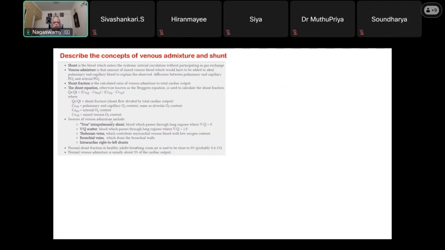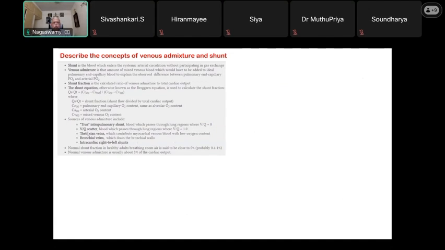So by using this formula, we can find out true intrapulmonary shunt, another condition called VQ scatter, and these three: Thebesian veins, bronchial veins, and intracardiac shunts. These are the real shunts where venous blood as it is comes and mixes with the oxygenated blood.